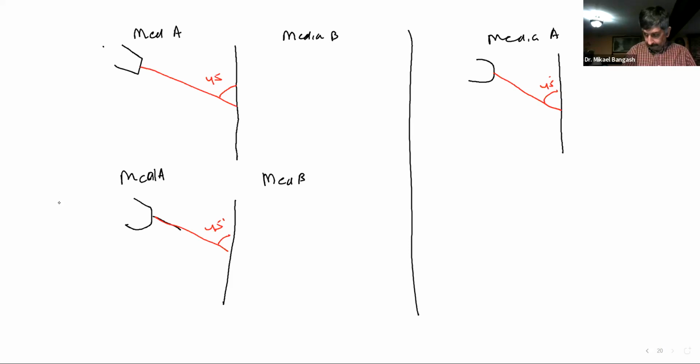Now, as far as the speeds are concerned, here we have 1,000 meters per second, and up here again 1,000 meters per second. So in the transmission, there's going to be no refraction.